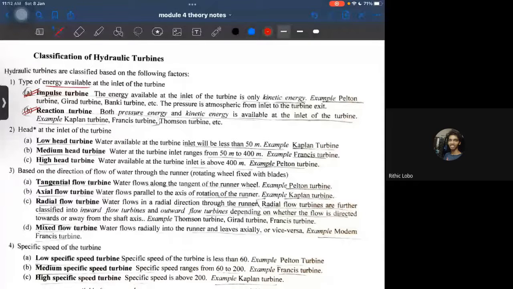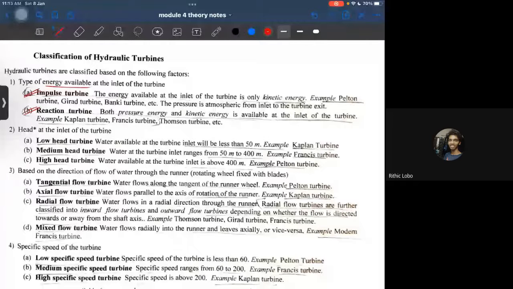Can anyone say what is impulse and what is reaction?